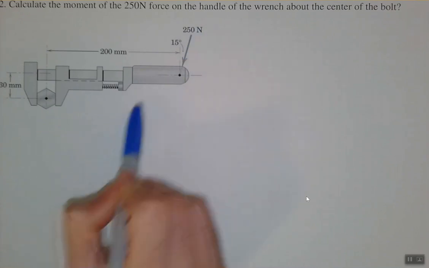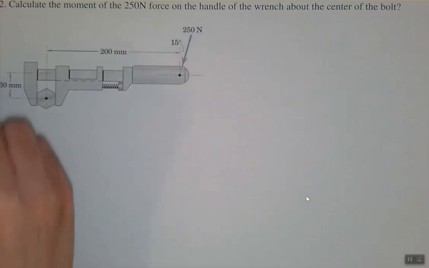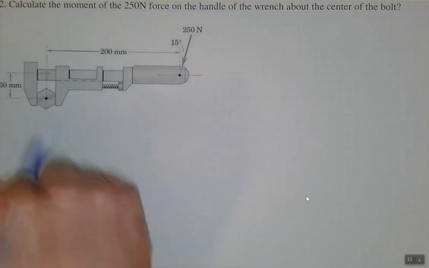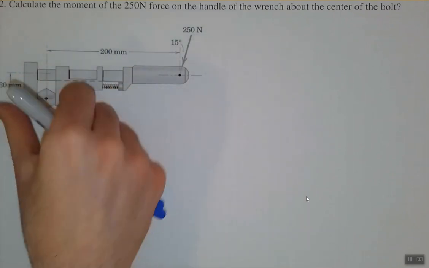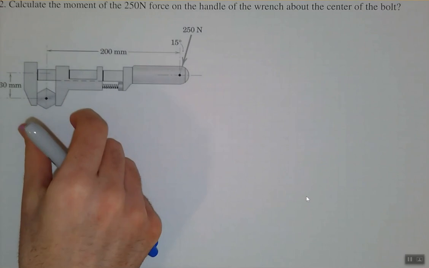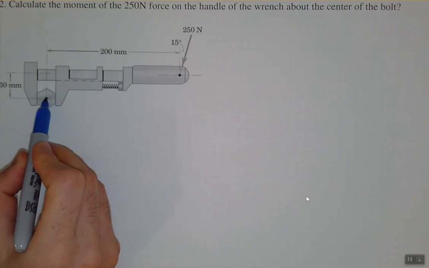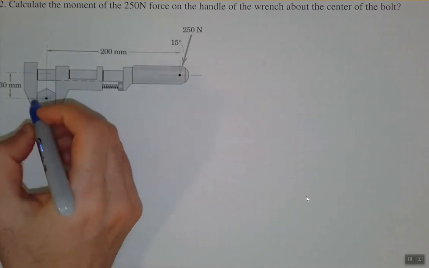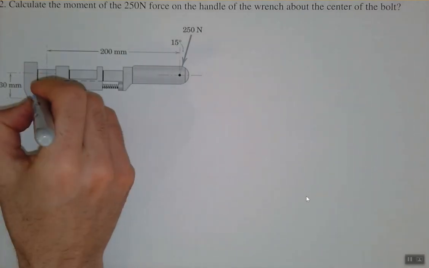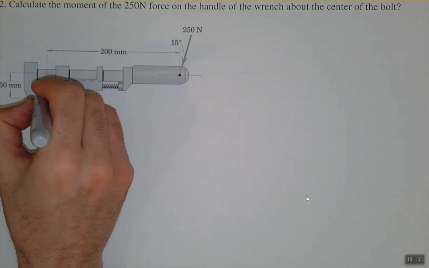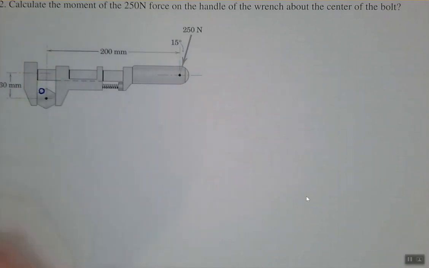If we apply this load, the whole wrench wants to rotate clockwise, so we probably want to fasten this bolt or not, whatever it is. So the question is asking us to find the total moment or torque about the center of this bolt. Let's call this point O or whatever. So we want to find M about point O, basically this point, right?